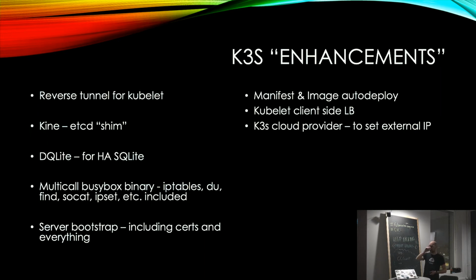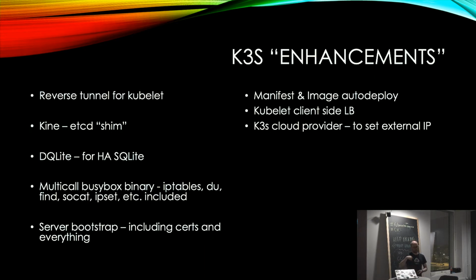A couple of other things. Especially for these edge type of cases where you might not even have internet connectivity, there's a manifest and image auto-deployment mechanism. On the master nodes, or basically any node in the cluster, you have a special place, like var lib something, where you put the tarballs of your images and it automatically imports those as usable in containerd. The same goes for manifests, and not only pod manifests, but basically any Kubernetes manifests.